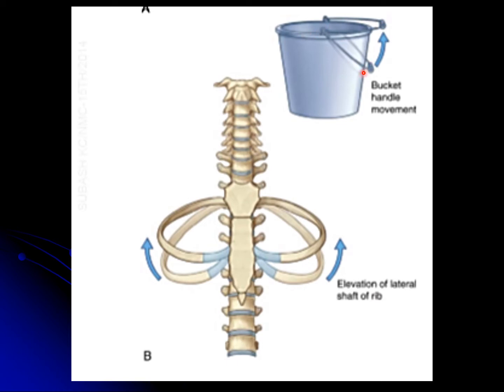So if the bucket handle is raised up, its diameter from the center of the bucket increases, and that diameter is known as the transverse diameter, as we have discussed.